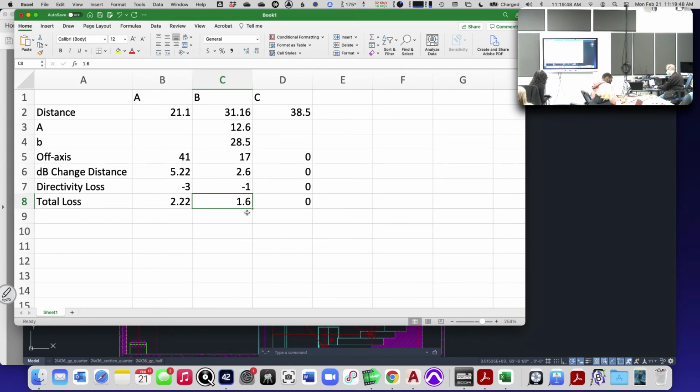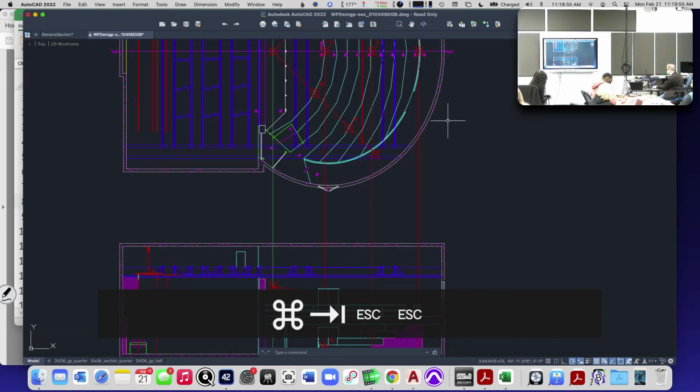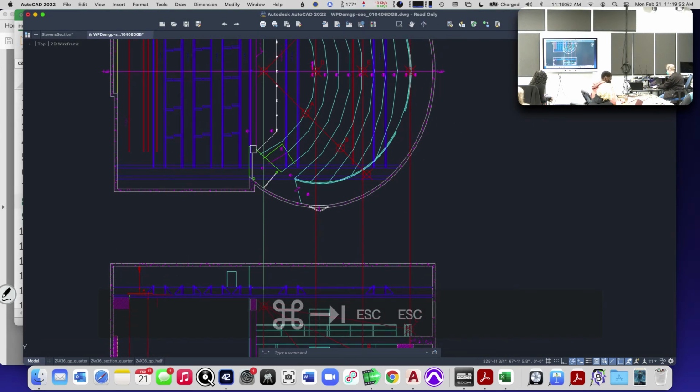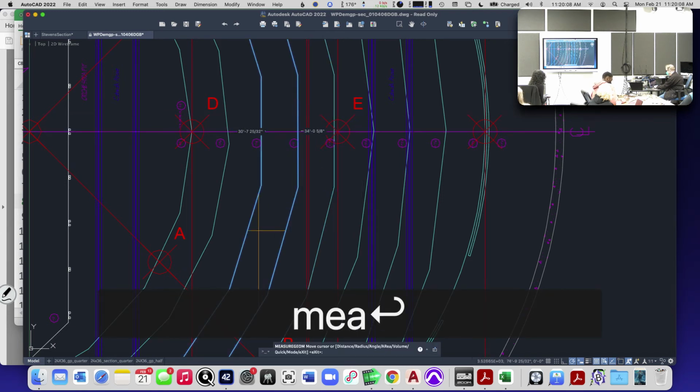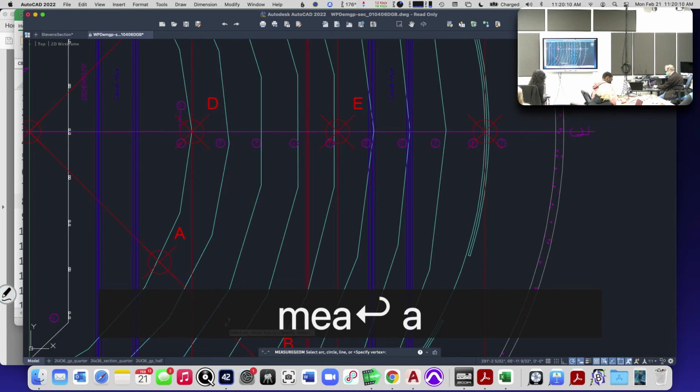Okay. Now let's figure out this seat here with our new horizontal angle. Measure geometry, angle.